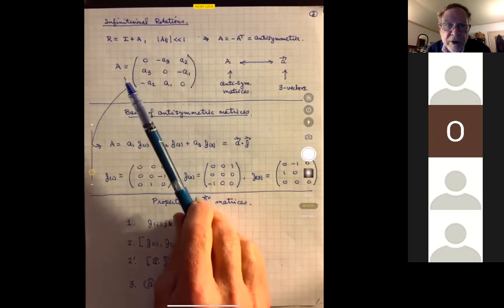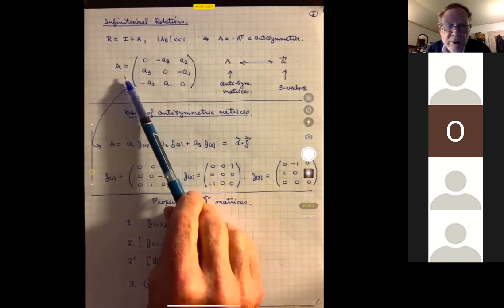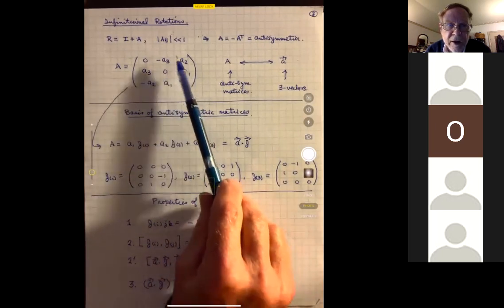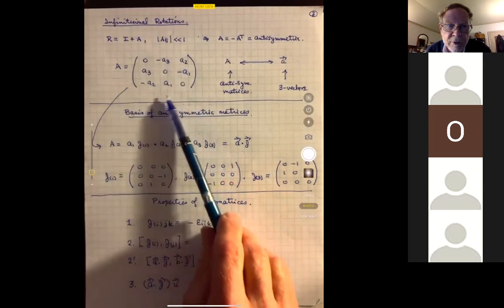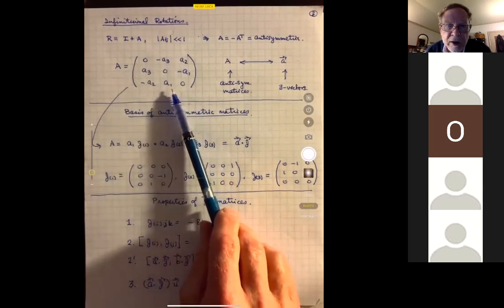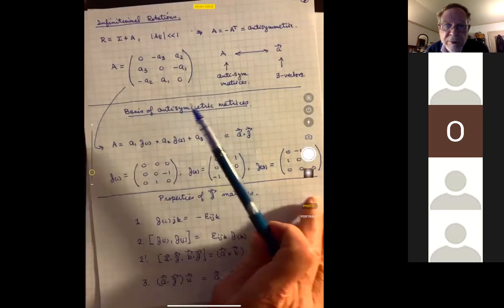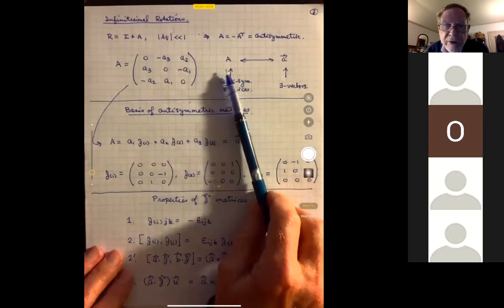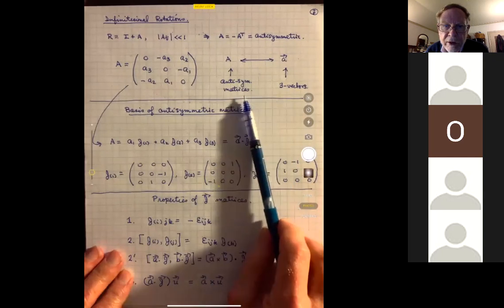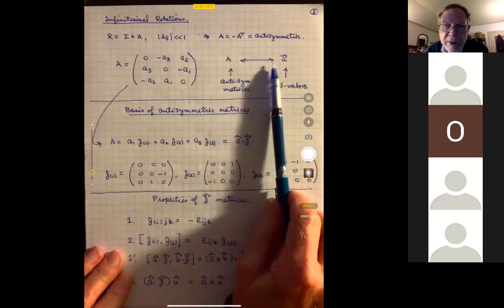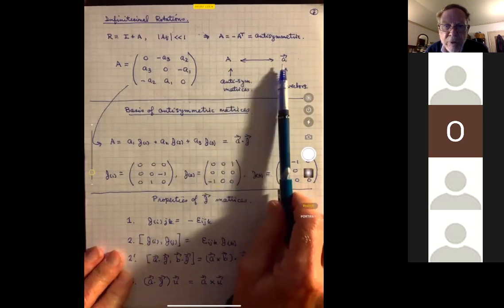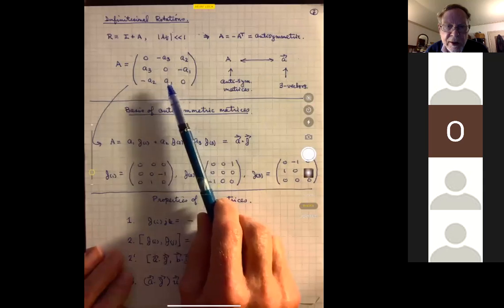If we have such a matrix, we can parameterize it by three real numbers, lowercase a1, a2, a3, arranged in this form, as you see here in this matrix. This gives us a correspondence between antisymmetric matrices and real three-vectors. And I'll indicate that correspondence by a double-headed arrow like this. You can convert from one to the other, and basically it just stands for this formula.